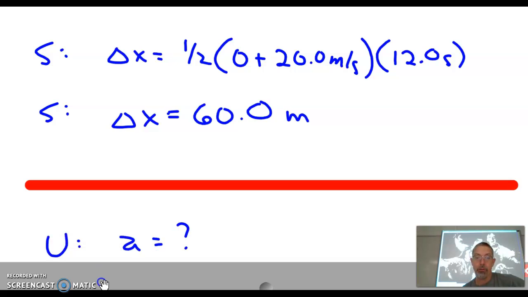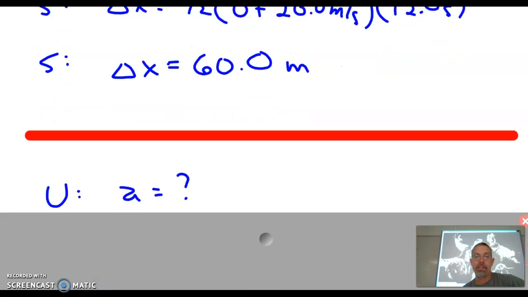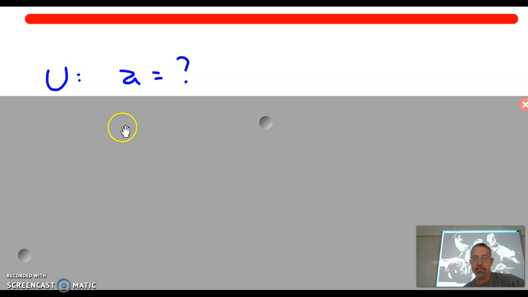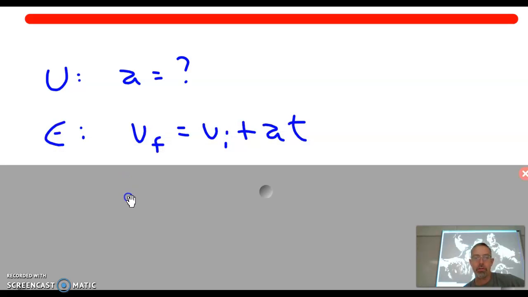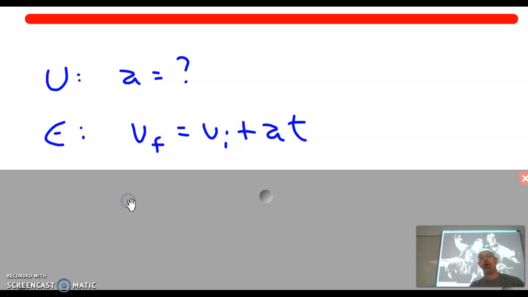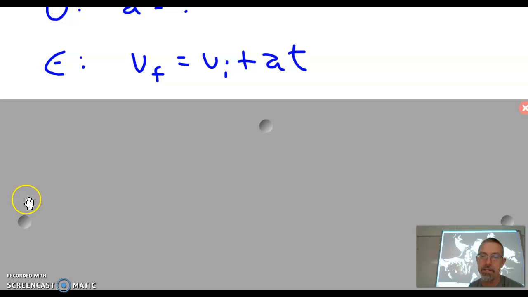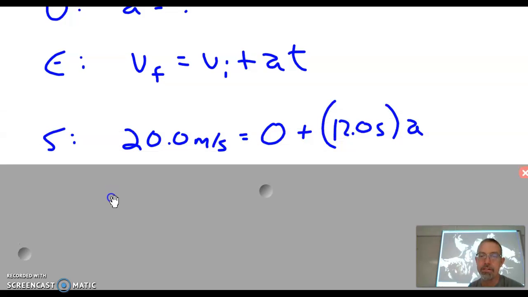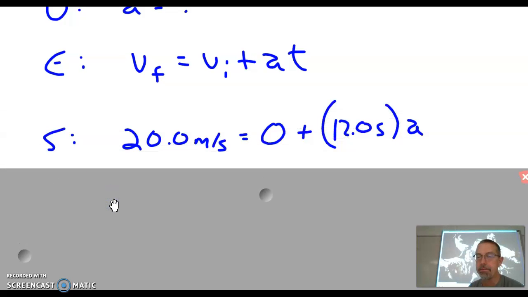That was our first problem. Our second unknown was, what was the acceleration? The big thing is just identifying what equations you need to solve it. So one equation we could use is V final equals V initial plus acceleration times time. We have 3 out of the 4 variables provided in our givens, and we just need to rearrange this in a way that helps us solve the problem.